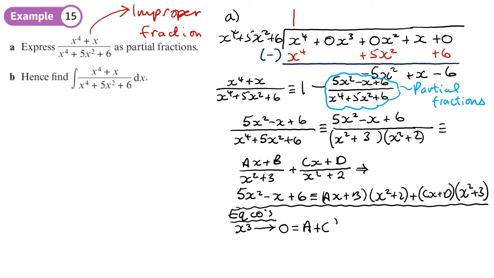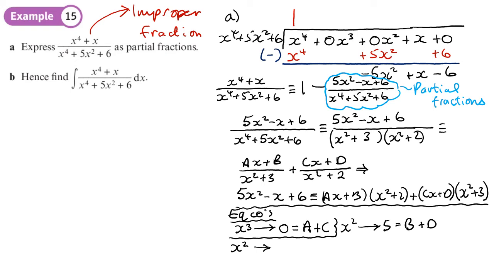Okay, let's equate the coefficients of the x squared terms. On the left hand side it's going to be 5. On the right hand side it's going to be b plus d.